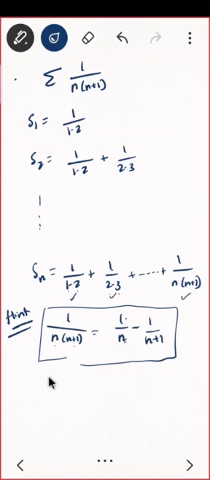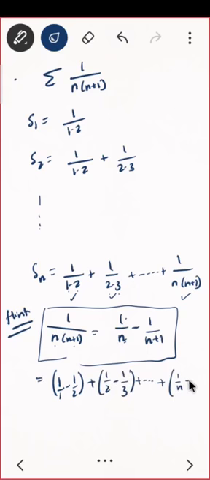So can I do the same thing for each of the terms? Let us see. The first term is 1 upon 1 minus 1 upon 2. The next term is 1 upon 2 minus 1 upon 3, and so on, up to 1 upon n minus 1 upon n plus 1. Do you agree? And since it is addition, do you see everything is getting cancelled by someone?